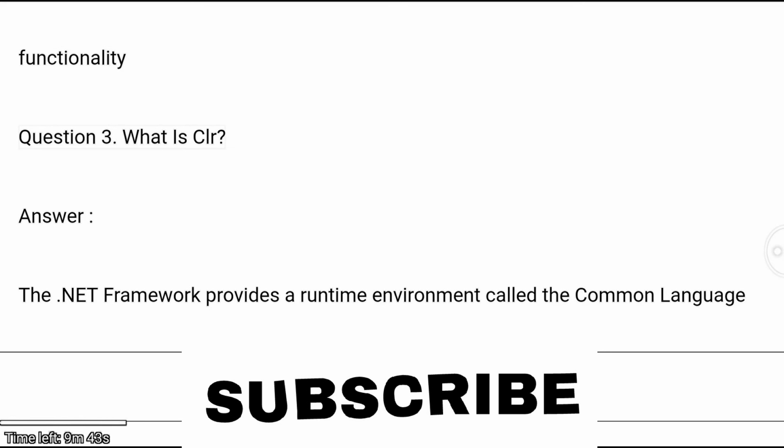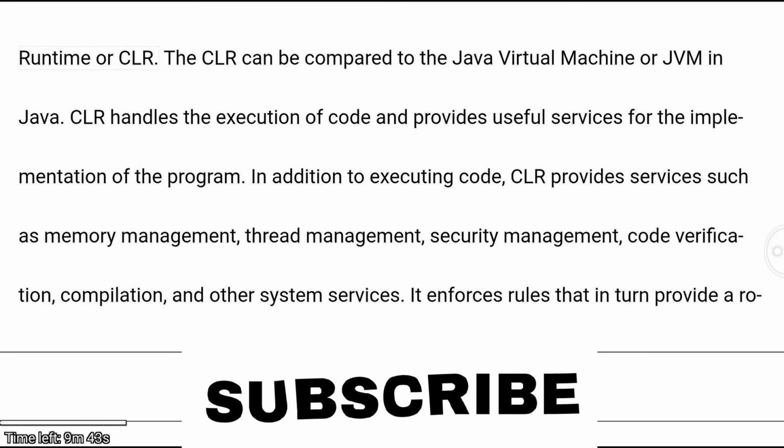Question 3. What is CLR? Answer. The .NET Framework provides a runtime environment called the Common Language Runtime or CLR. The CLR can be compared to the Java Virtual Machine or JVM in Java. CLR handles the execution of code and provides useful services for the implementation of the program.